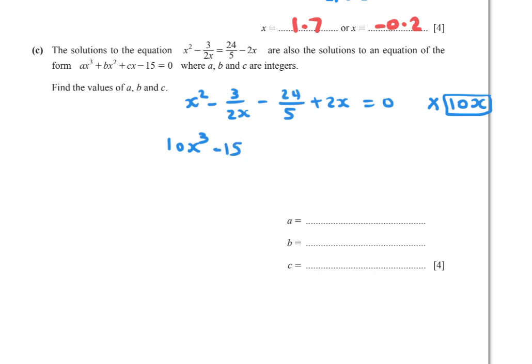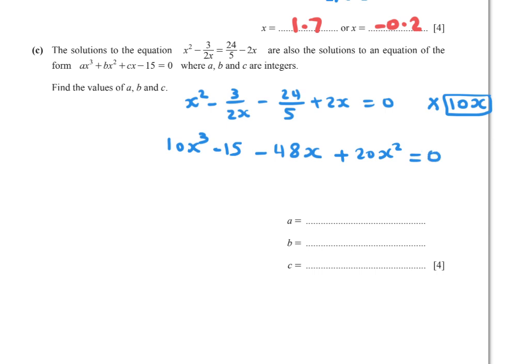Negative 24 over 5 times 10x, multiply 24 over 5 by 10, so negative 48x, and 2x times 10x equals 20x squared. Now all equals 0.